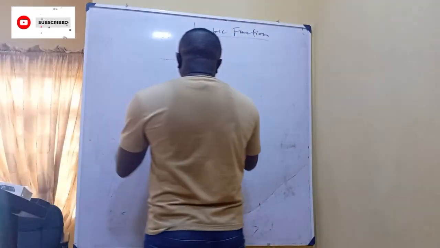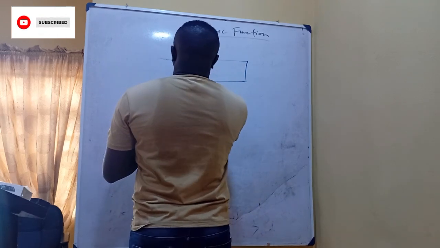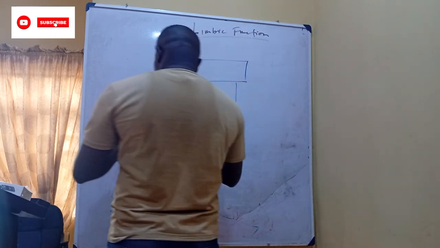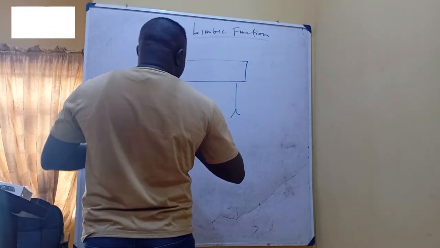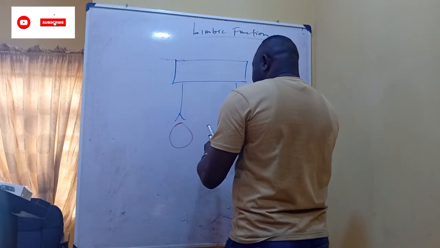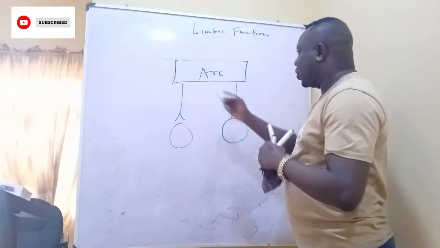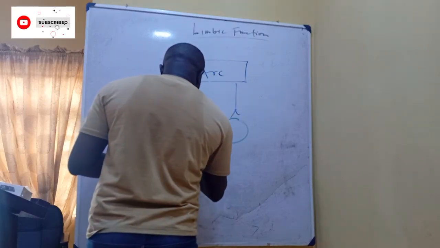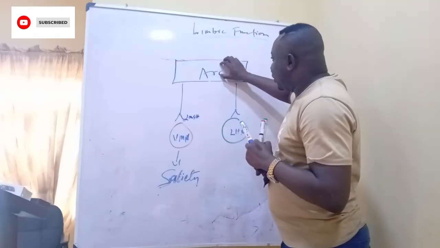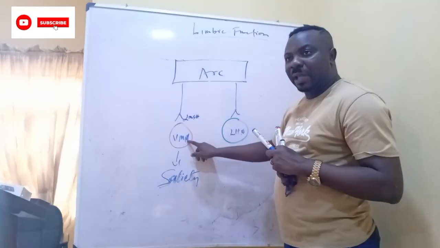Now, in this one, the arcuate nucleus has connection with the ventromedial nucleus and the lateral hypothalamic nucleus, right? The arcuate nucleus usually stimulates the ventromedial nucleus of the hypothalamus, right?